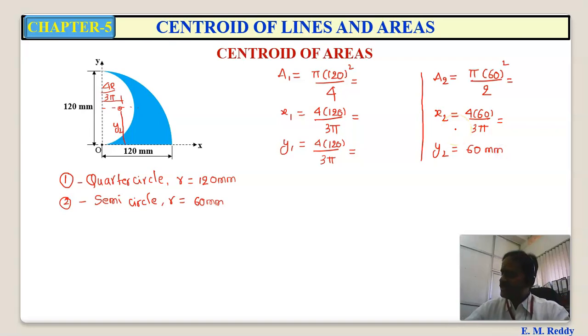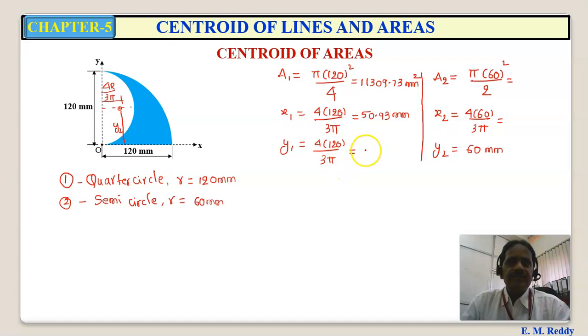Now do the calculations here. So we have A1 11309.73 mm square. X1 is 50.93 millimeters. Y1 is 60.